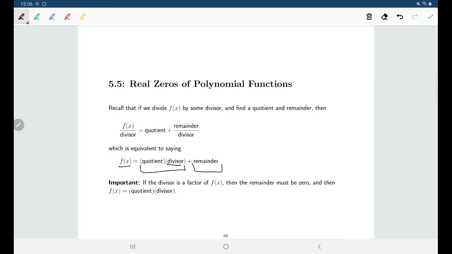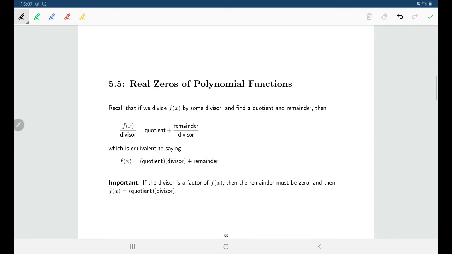But if something that you were dividing by turned out to be a factor, then that remainder would be 0, which means that f of x really could be just written as your divisor times whatever the quotient is. So that's the one idea here: when we have something that actually is a factor, to do the factoring out, we'll carry it out by doing division, and whatever the quotient is, that'll be what's left over after we've factored our term out.